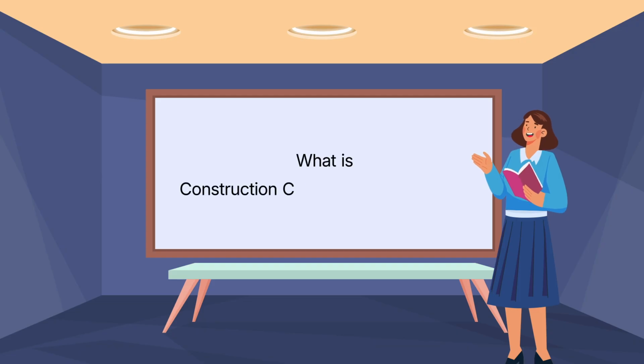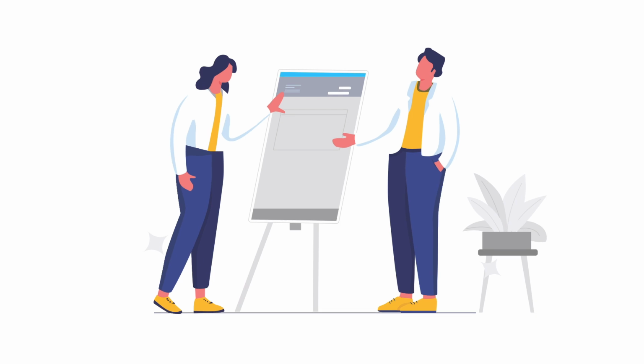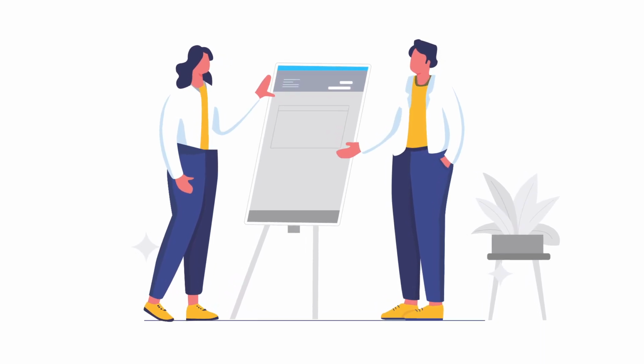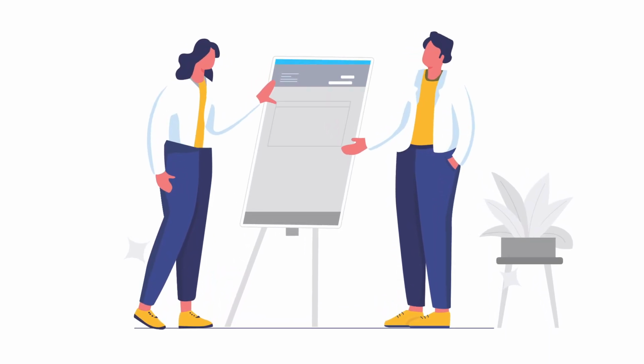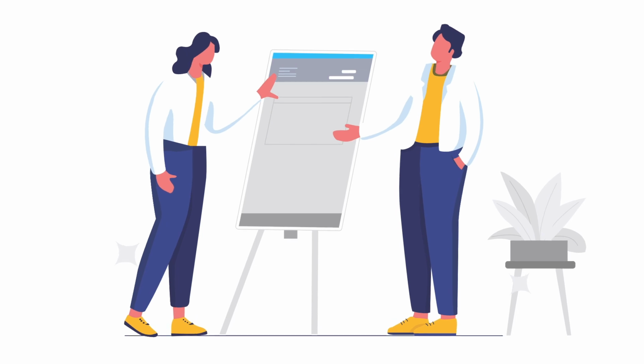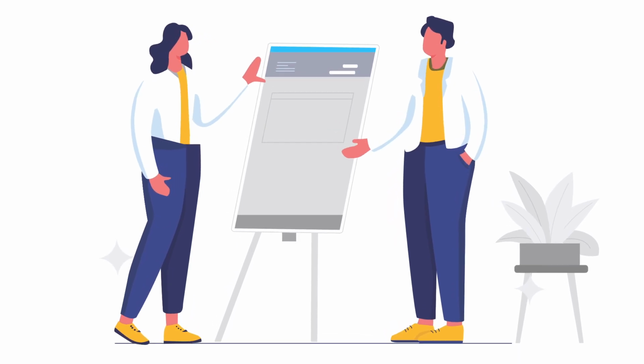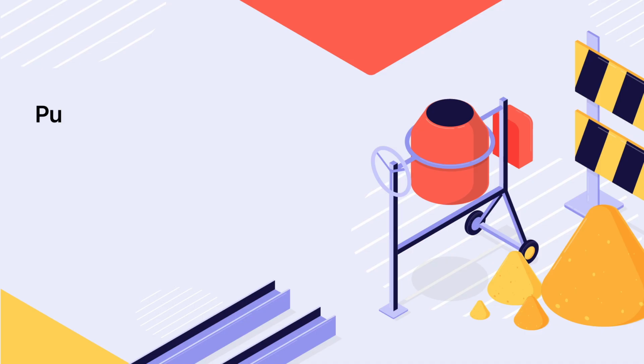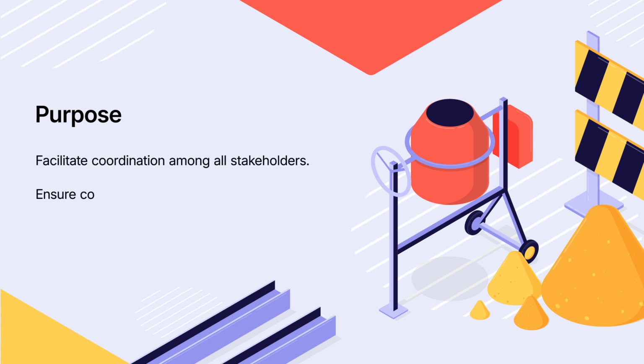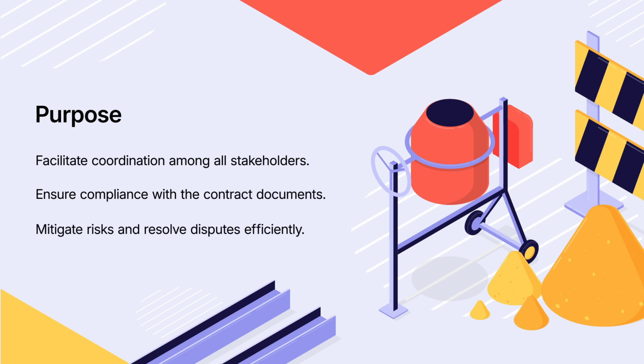What is construction contract administration? It is the process of managing the terms, conditions, and deliverables of a construction contract to ensure the successful completion of a project. Its purpose is to facilitate coordination among all stakeholders to ensure compliance with the contract documents, mitigate the risks, and resolve disputes efficiently.